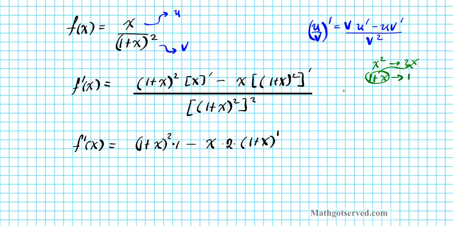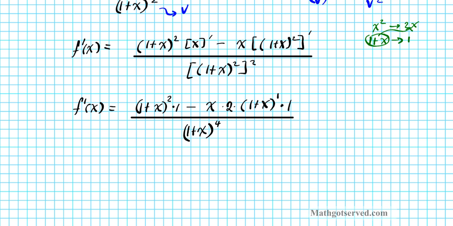That is the derivative of the outer function, x squared, evaluated at the inner function, 1 plus x, times the derivative of the inner function, which is just 1. Okay? Right, and then we're going to divide this by the square of the denominator using the power over power property. We're going to have 1 plus x quantity raised to the 4th power. Okay? You just multiply the exponents whenever you raise a power to a power.